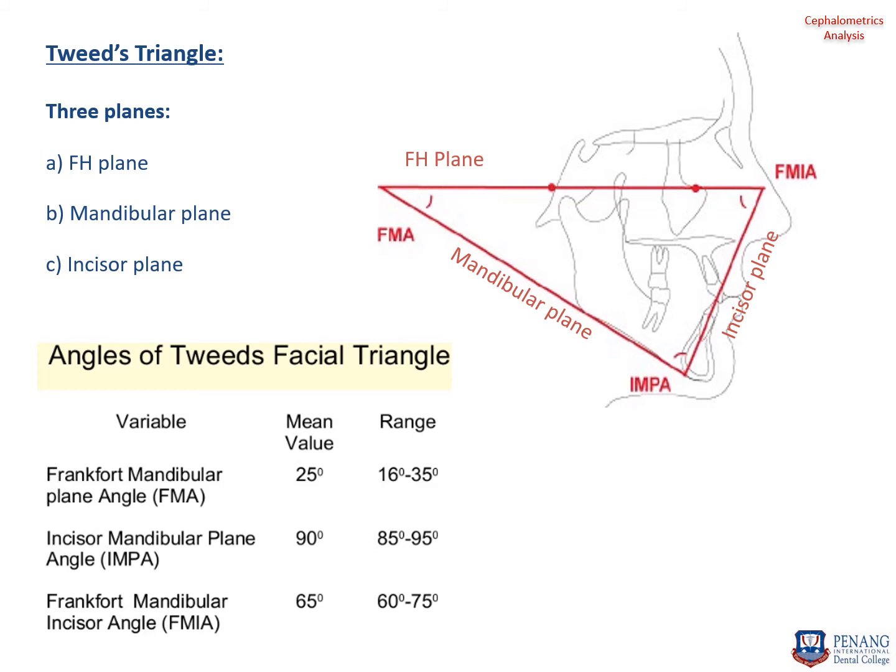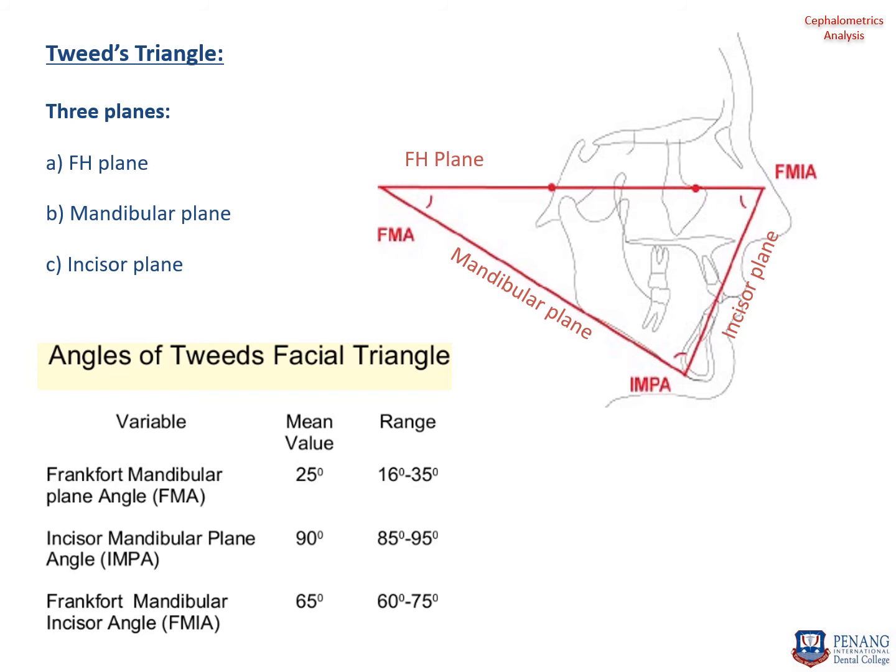So FMA, the mean value is around 25, and the range can be anywhere between 16 to 35. This has a clinical implication wherein anything in the range of 16 to 28, you can say there is a good prognosis. 28 to 35, fair prognosis.